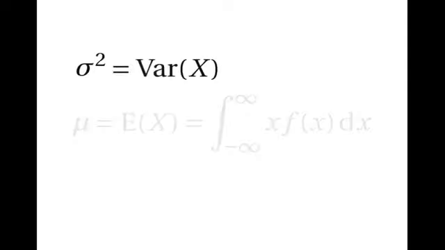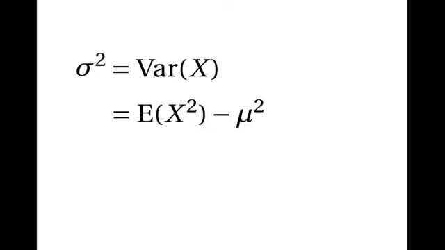The variance of a random variable, which can be written sigma squared or var x, you may remember, is equal to the expected value of x squared take away the square of the mean. And for a discrete random variable, that's equal to the sum of the probabilities times the squares of the possible values of x, take away the mean squared.